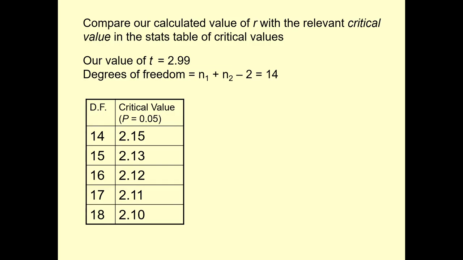So when you look on the stats table, degrees of freedom is 14. Probability is 0.05. Sorry, tired. Critical value is 2.15.